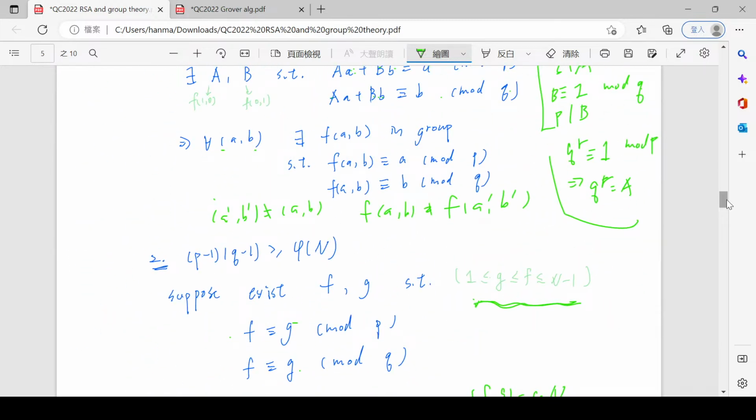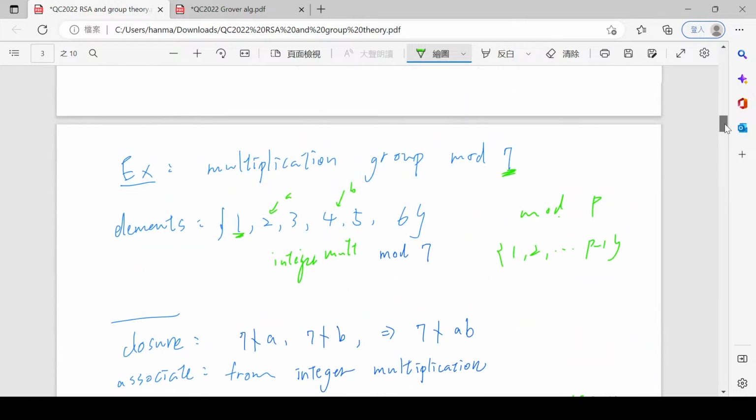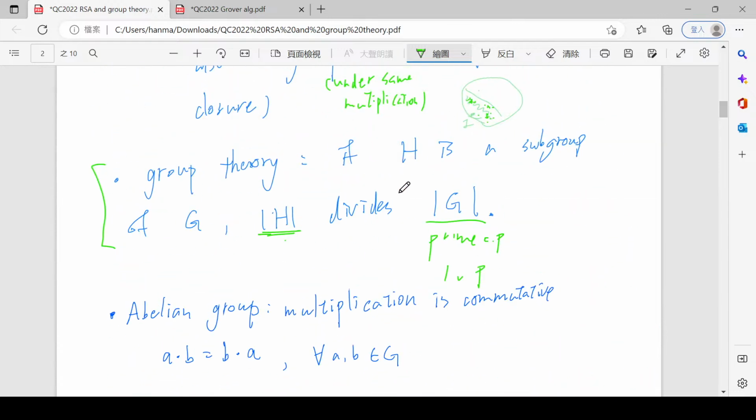The other thing we need to know about group theory is that the order of a subgroup will divide the order of the whole group.